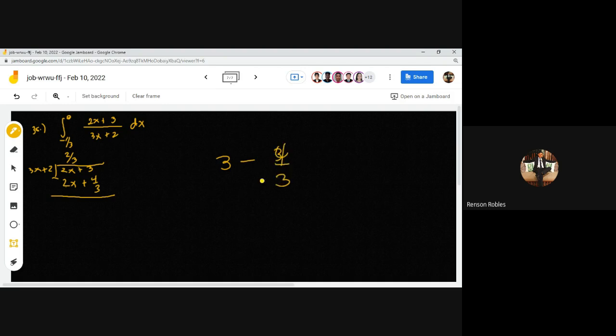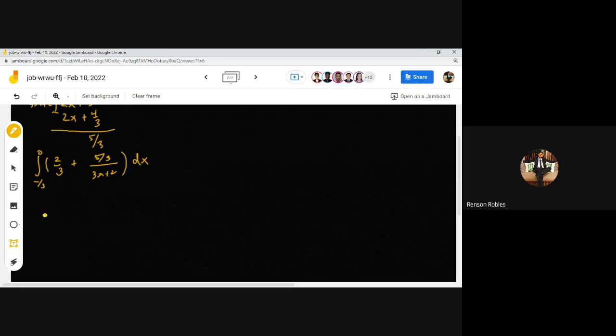That would be 9 minus 4, that's 5. 3 times 3, that's 9. Minus 4, that's 5. So that's 5/3. Then you'll have a new integrand of the form 2/3 plus 5/3 all over 3x plus 2, then dx from negative 1/3 to 0.